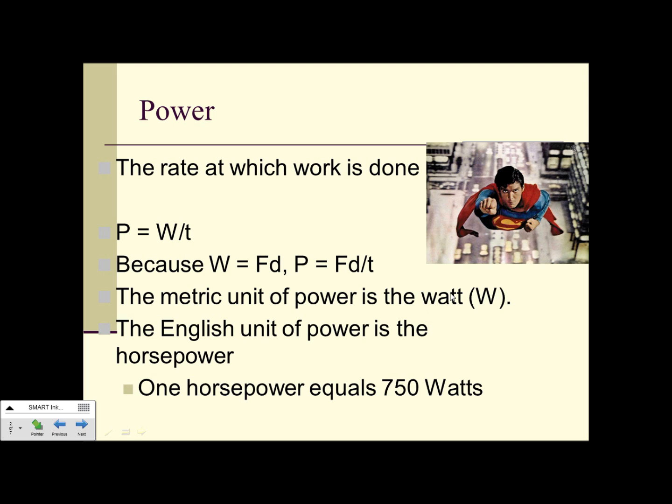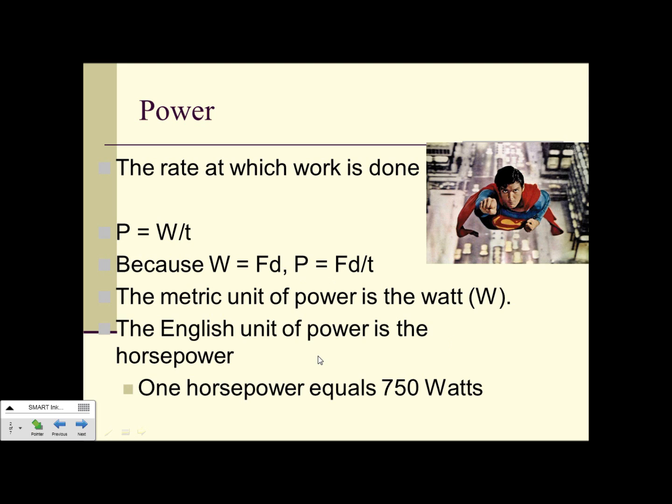So light bulbs have a watt as in how much electrical work is done per unit time. So higher wattage bulbs push more energy, transfer more energy through the bulb in a given amount of time. Same idea here. It's how much work is done, how quickly you apply a force over a distance in a given amount of time.